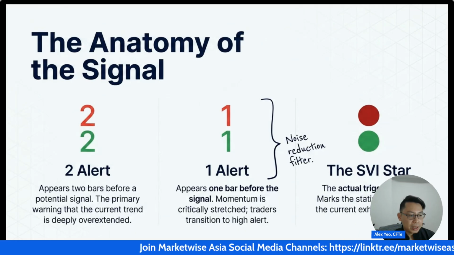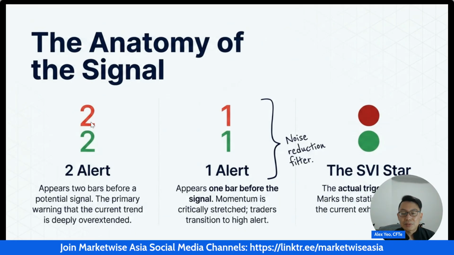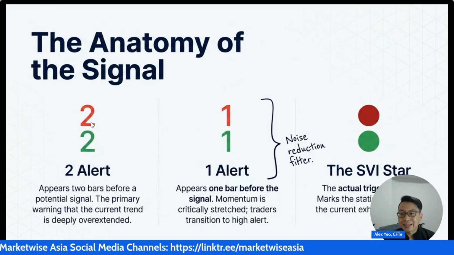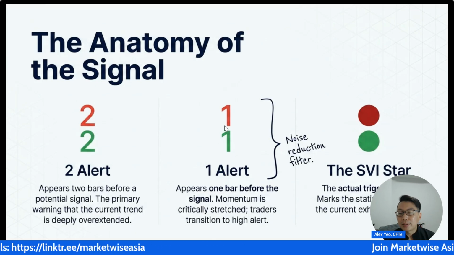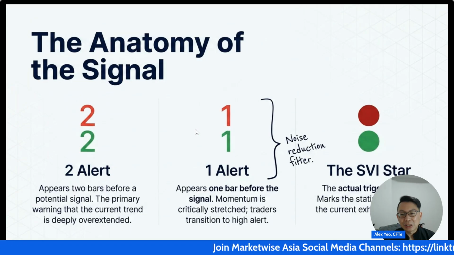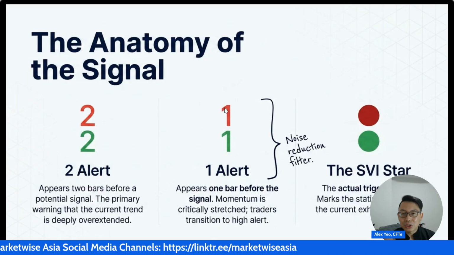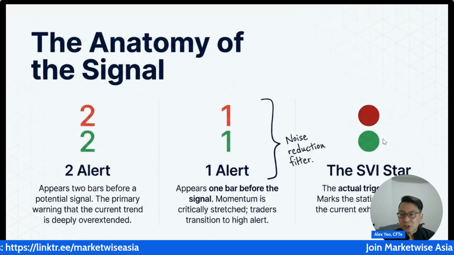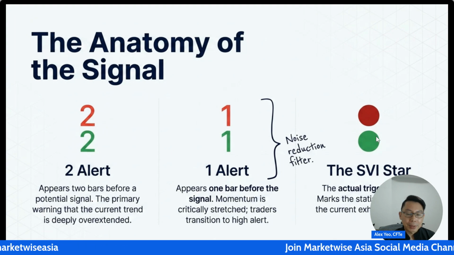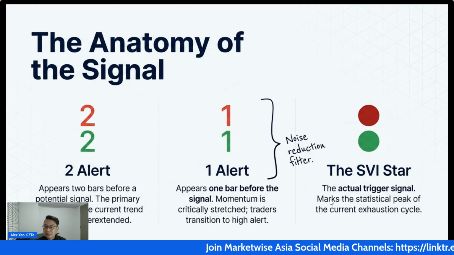The 2 stands for 2 more days before the indicator appears, and a 1 stands for 1 more day before the indicator appears. Generally, you are using the daily candles. So if you see 2, just 2 more days. You see 1, then just 1 more day. Then the actual star signal will appear and do the trigger here.